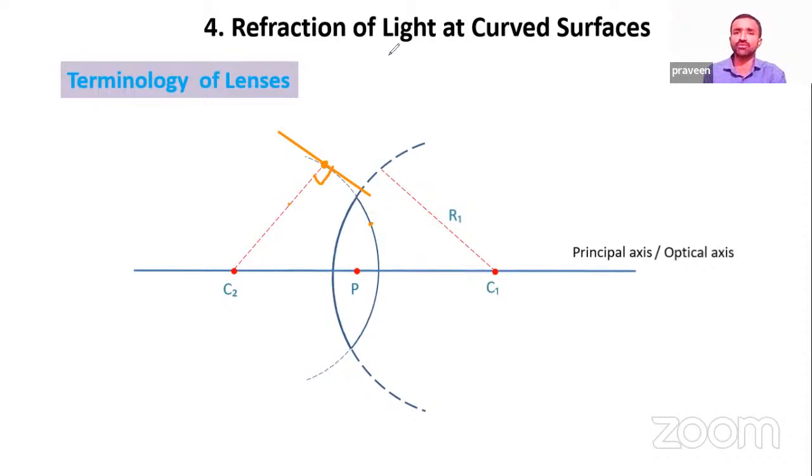We have to construct one more line by connecting the center of curvature and the point you recognized. So any line connecting the center and the boundary is called a normal. Why?